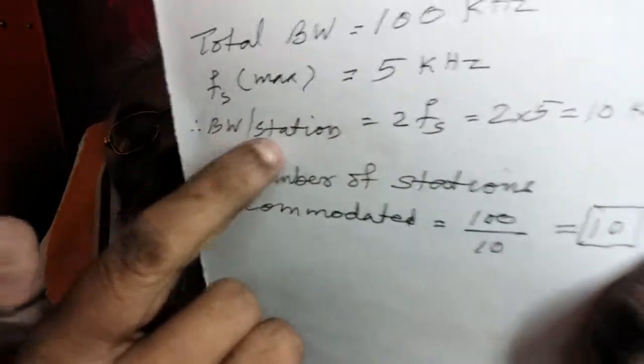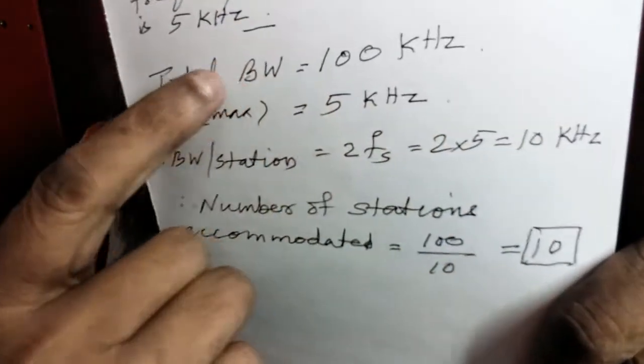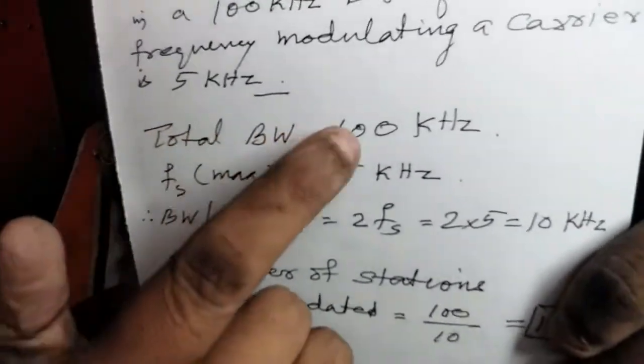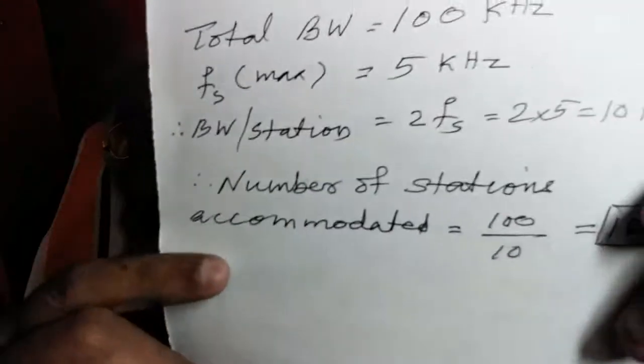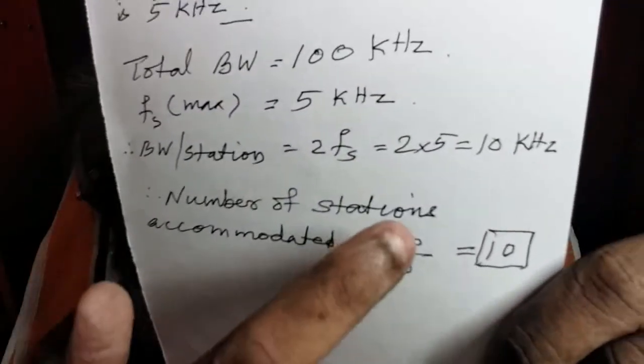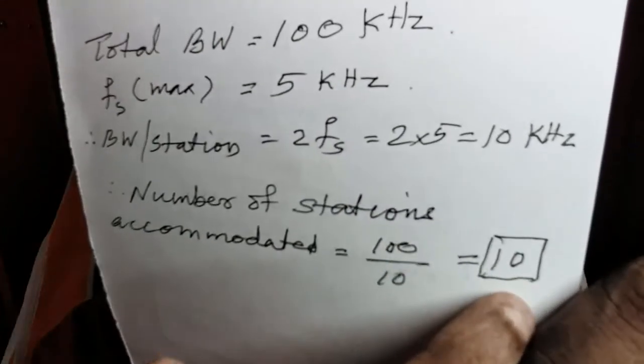So each station requires 10 kilohertz bandwidth. Total bandwidth allotted is 100 kilohertz. That means the number of stations that can be accommodated is 100 by 10, or 10 stations.